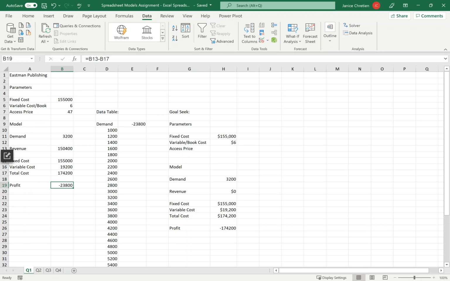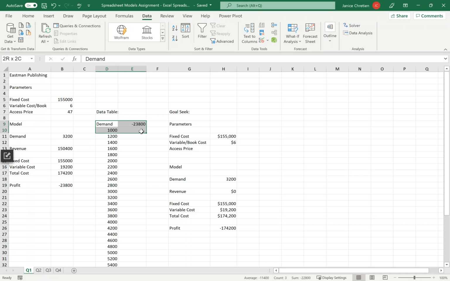And then for 1B, it wanted us to set up a data table with demand from 1 to 6,000 using increments of 200. And it wants to know where we're going to break even. So the way you're going to do this is your demand is going to be your profit, and it should already populate for you.